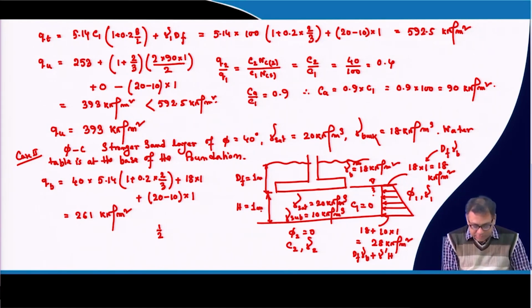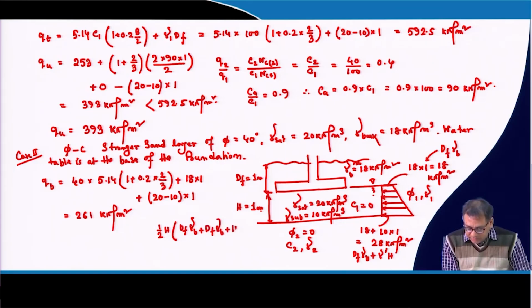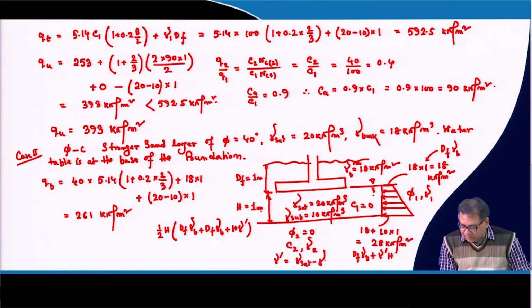So this will be half into H, the thickness, into A plus B, because this is a trapezoid, where A is gamma bulk dF and B is dF into gamma bulk plus H into gamma sub, where you know gamma sub equals gamma sat minus gamma W.